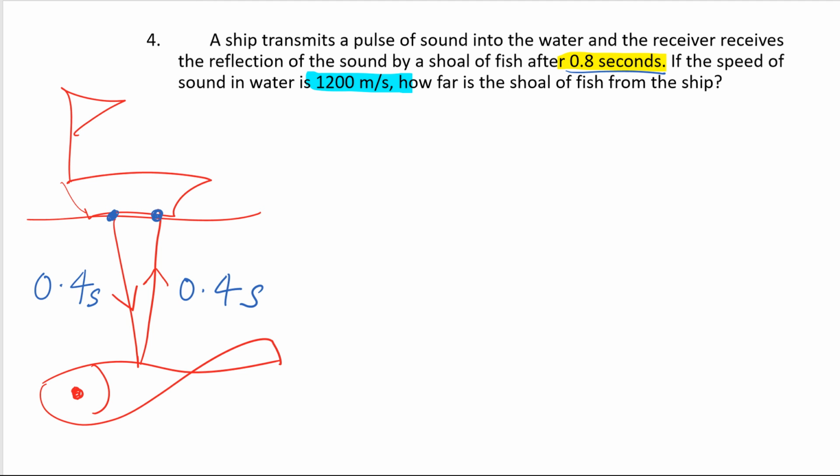How far? That's my question. Again, this means the question is asking me to calculate the distance between the fish and the ship. So I need to know this distance over here from the fish. Okay, so give it a try and see if you could get the answer.